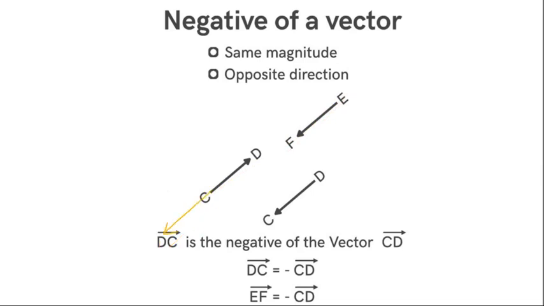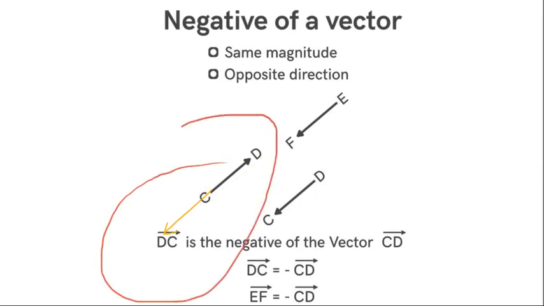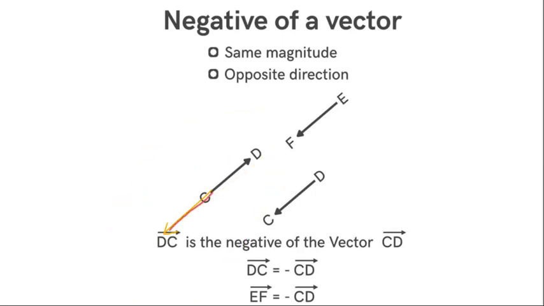If you look, CD is pointing in this upward direction, whereas EF is pointing in this downward direction. This way we can compare the two vectors. Now they have the same magnitude, but their directions are opposite to each other. So such vectors CD and EF are examples of negative vectors. Clear?